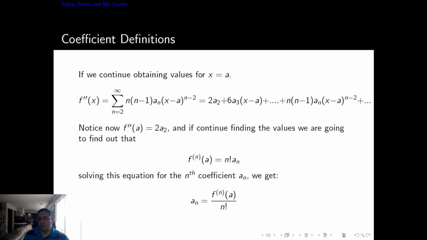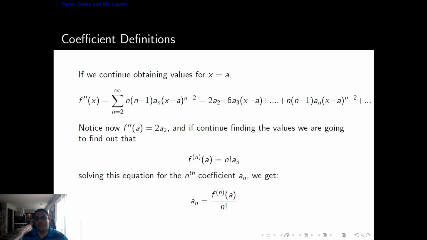Now, if we solve for the n-th coefficient of the series, then we're going to get that the n-th coefficient of the series can be seen as the n-th derivative at a over n factorial. And so this representation gives me a completely new form of taking a function and representing it as a power series.